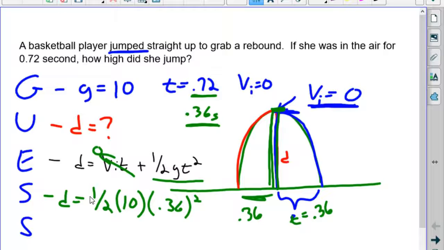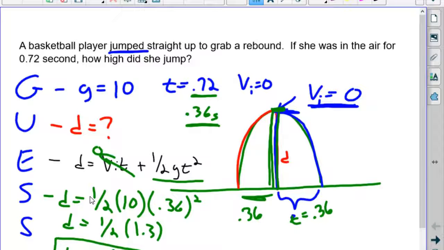Okay, so as I continue with that, I'm going to get d equals 1/2 of 0.36 squared is 0.13, and 0.13 times 10 is going to be 1.3. And then if I take half of that, I'm going to see that my distance equals 0.65 meters, and that is my final answer.